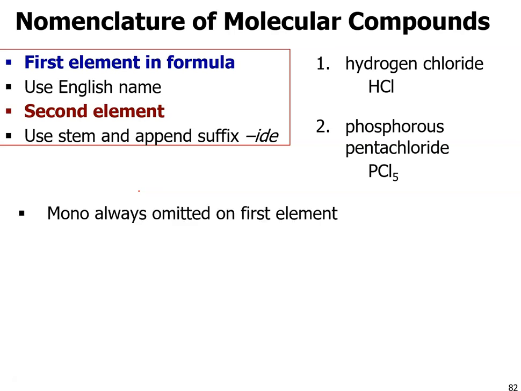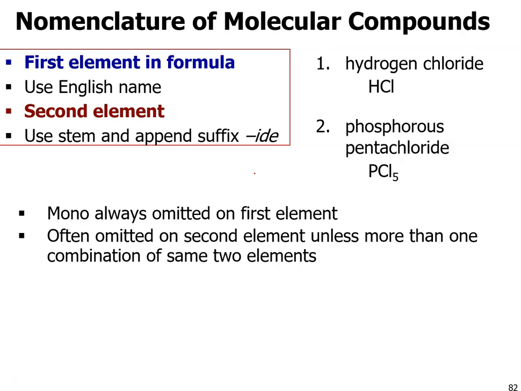Mono is always omitted from the first element, so you might have wondered, why doesn't it say monohydrogen monochloride? Sometimes those are omitted because it's assumed that if it's hydrogen chloride, there are equal numbers of them together, so we're just going to omit that first one. So we don't always have to put mono in there. And again, mono is often omitted in the second element unless more than one combination of the same 2 elements exists.